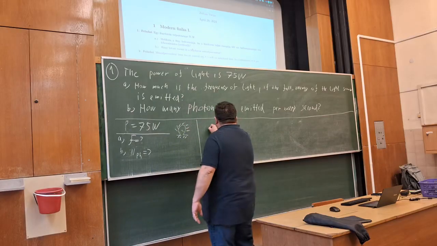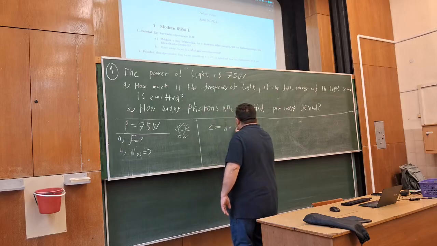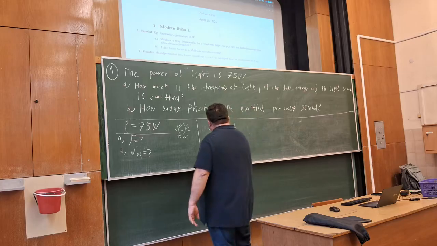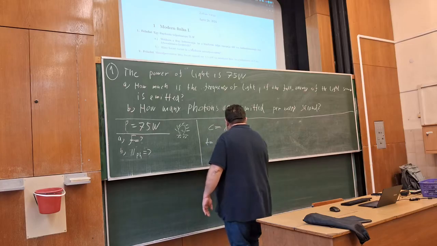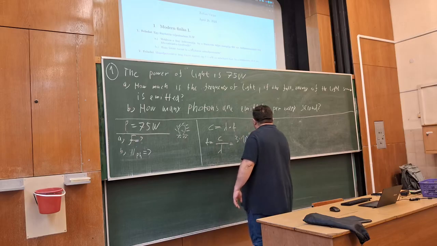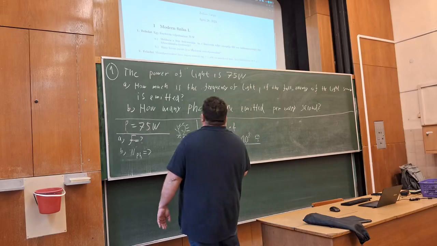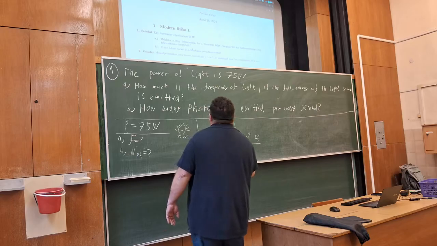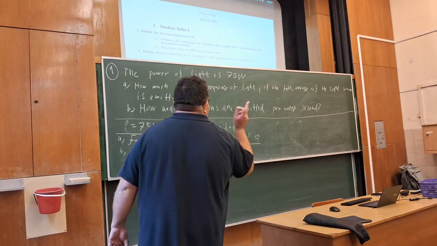What we know, for all waves, the propagation speed is the wavelength multiplied by the frequency. So the frequency is c per lambda. c is 3 times 10⁸ meter per second. The lambda is, wait, here I forgot to write something.